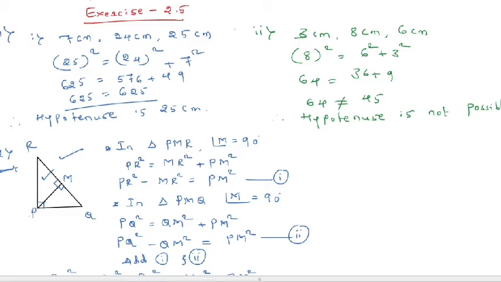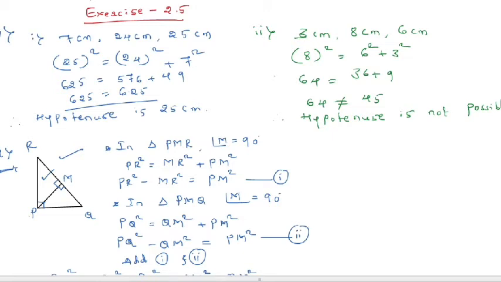So, according to Pythagoras theorem, the side opposite to 90 degree is hypotenuse side. So, PR square is equal to MR square plus PM square. So, we can write PR square minus MR square is equal to PM square. Call this as equation number 1.